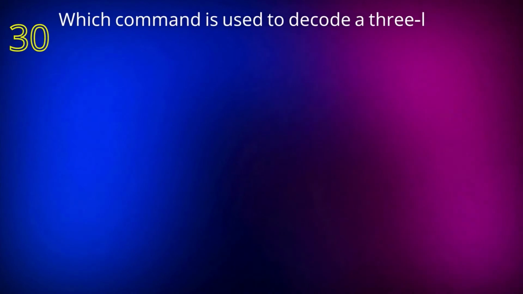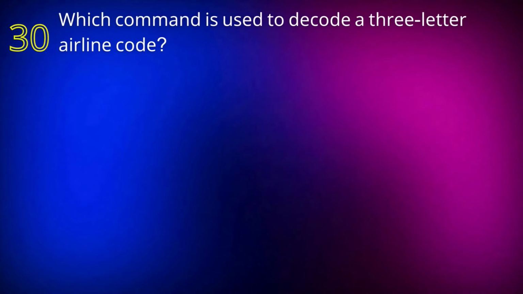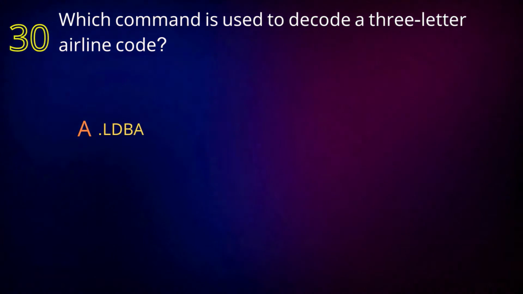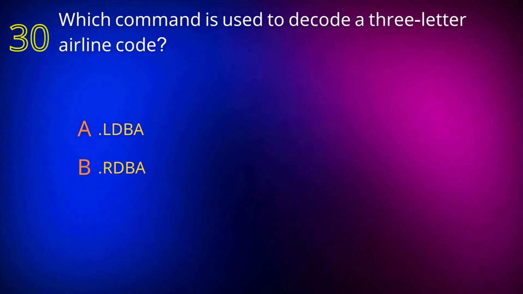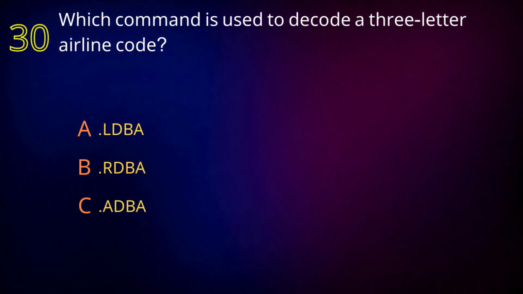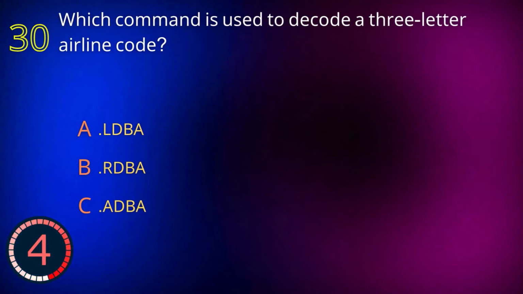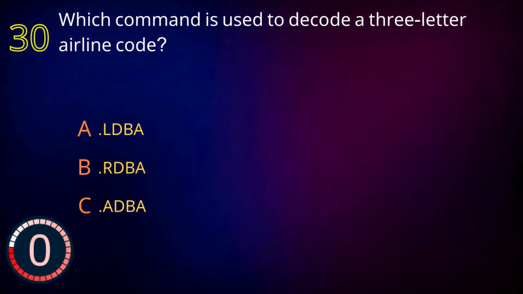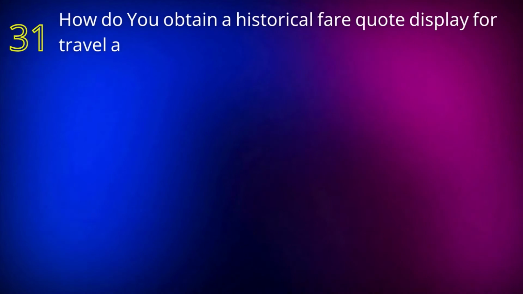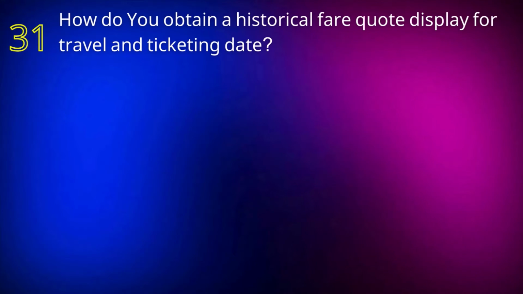Which command is used to decode a 3-letter airline code? How do you obtain a historical fare code display for travel and ticketing date?